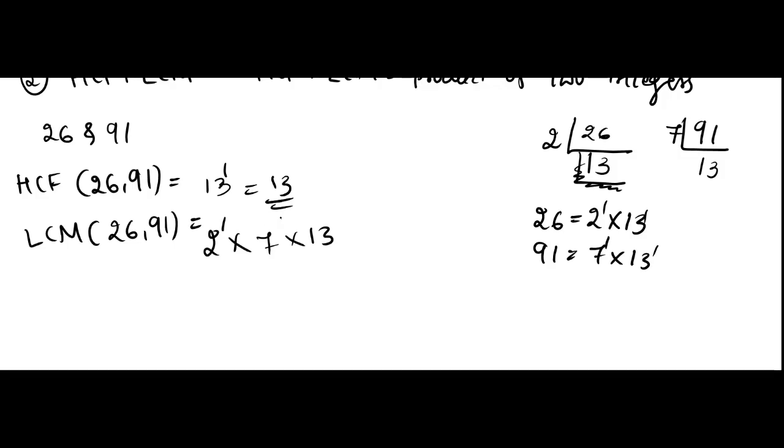So 2 power 1 is 2, 7 power 1 is 7, 13 power 1 is 13. 2 sevens are 14, 14 into 13. 13 fours are 52, 5 carried, and 13 ones are 13, plus 5 is 18.